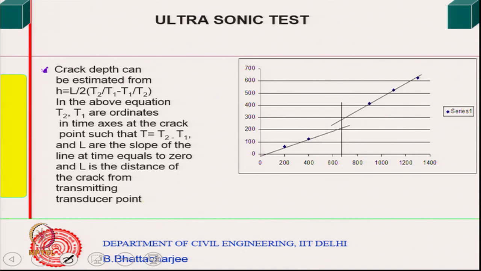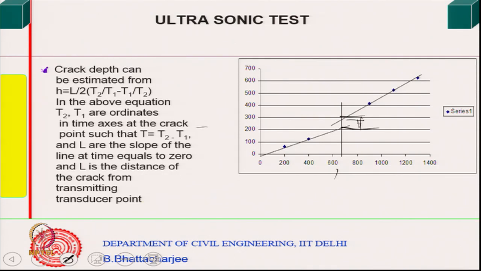H equals L divided by T. So, L is this distance, and T2 and T1 are the ordinates in the time axis at the crack point, such that T is equal to T2 minus T1, and L are the slopes of the line at time equals to 0.